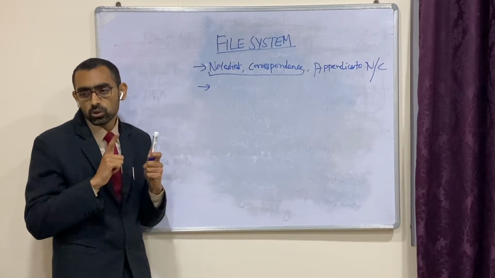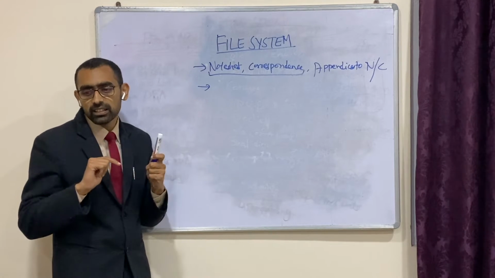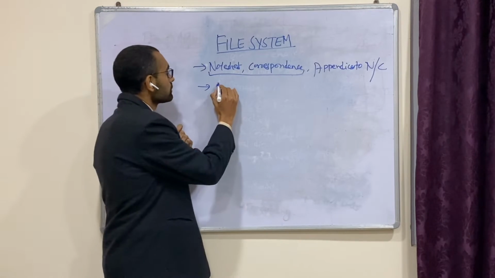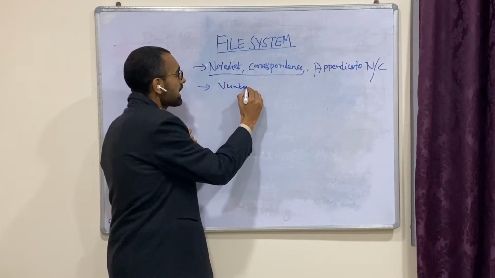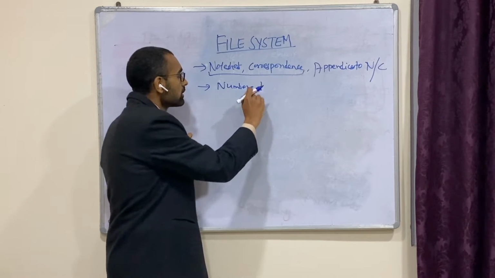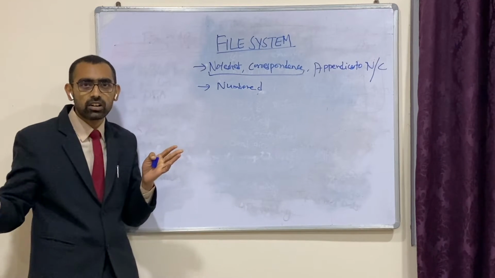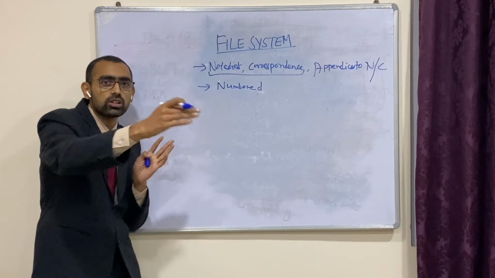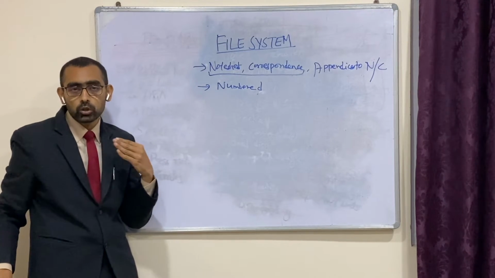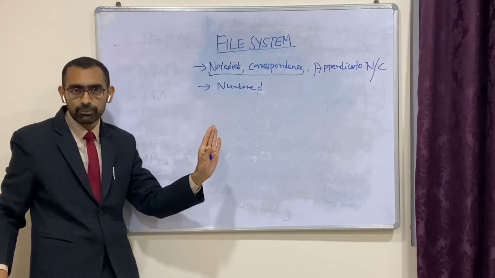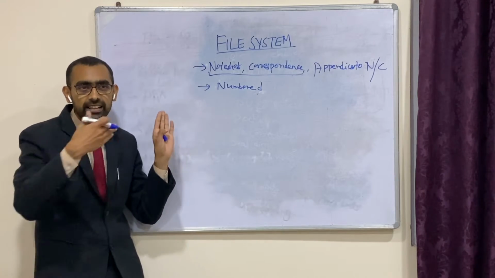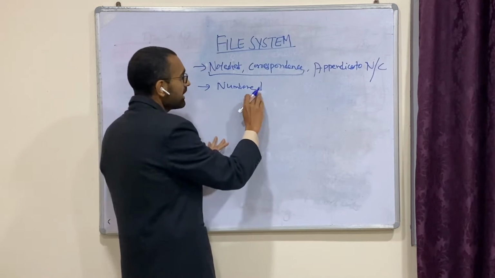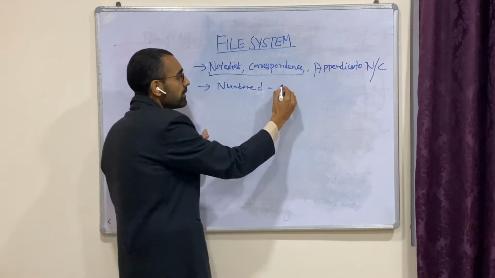Now both note sheets and correspondence have to be numbered. It has to be in chronological order. If you move from left to right, that should also follow chronologically the events which have been happening, the notes which have been recorded, and the correspondence which has come.